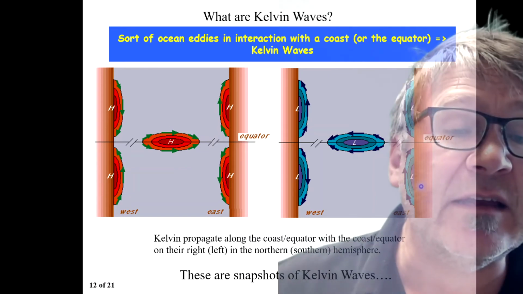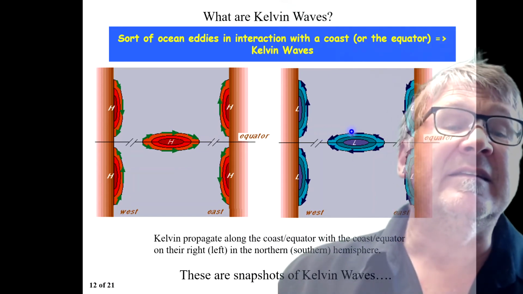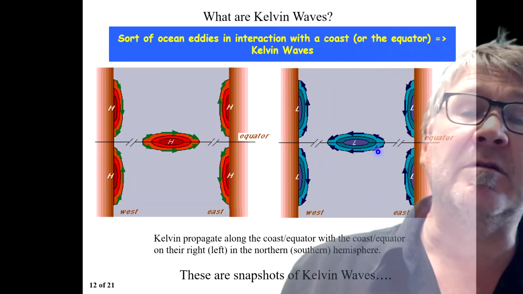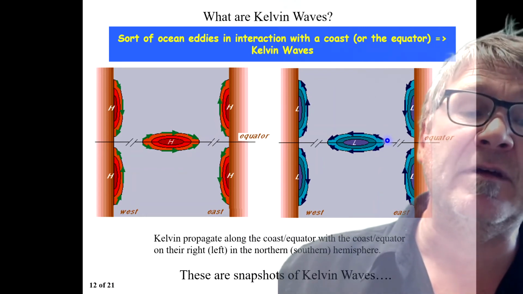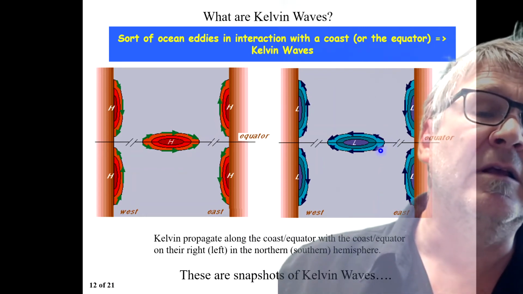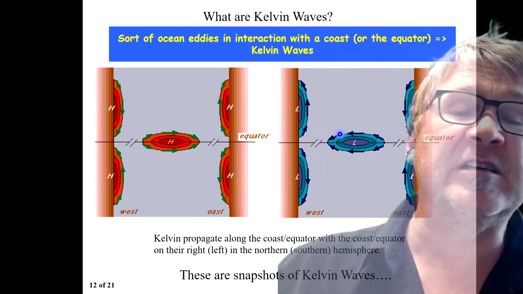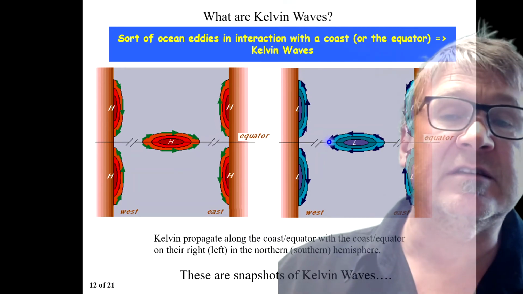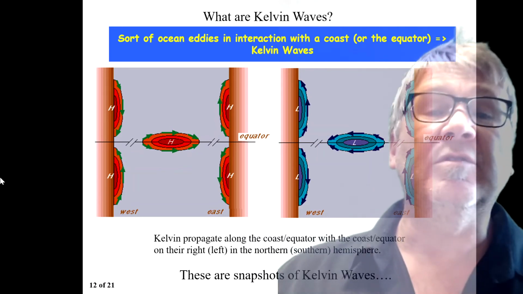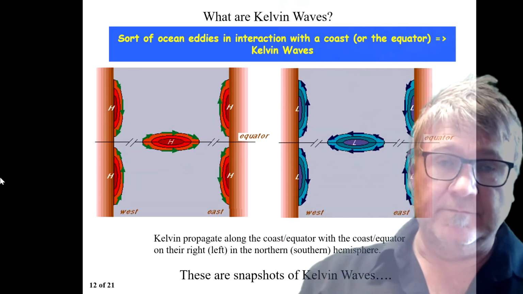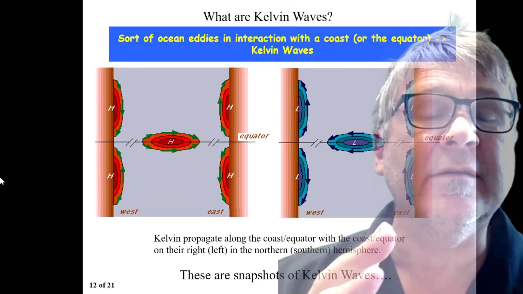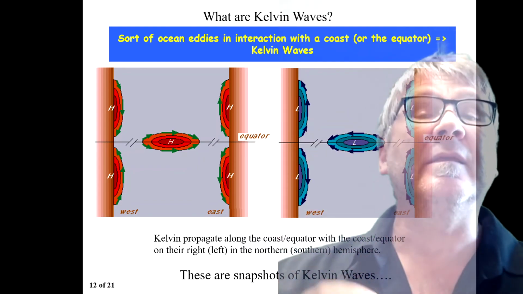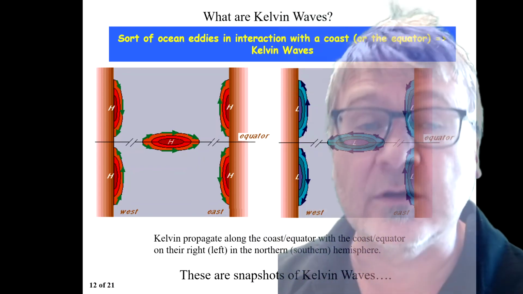And the reason for that is that the divergence creates a low pressure in the eastern part along the equator, for example, and the convergence just brings the sea level back to normal on the western side. So these are Kelvin waves. They can be created, but they propagate along the coast.